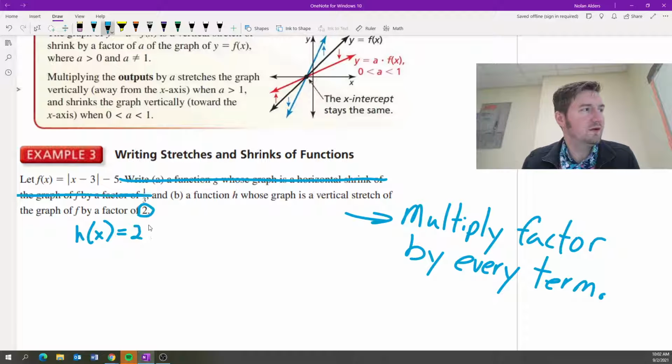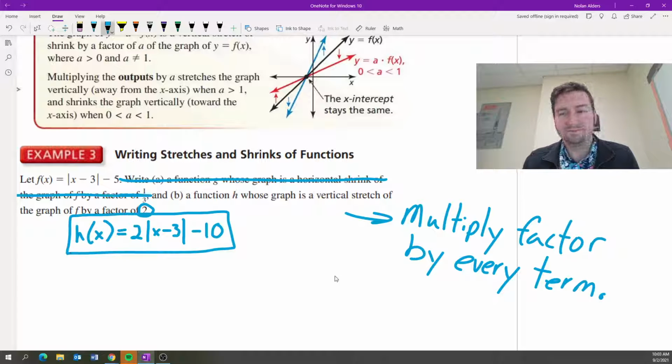So 2 times absolute value of x minus 3 minus, and then you multiply 2 by the negative 5 as well, so that'll be negative 10. All right, so we multiplied the 2 by this first term, this first package here, and then 2 times the second term. And this right here is the transformed function.